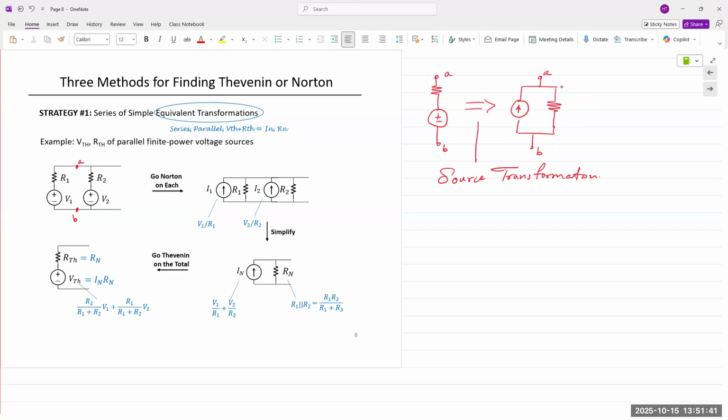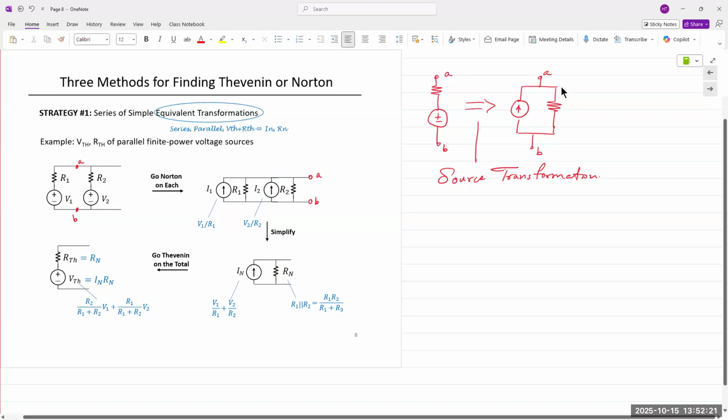So if one is transformed, I1 and R1, we can do the same for I2 and R2. And the terminals will remain the same between A and B. Now I have two current sources and two resistors, all in parallel. Thus I can reduce them: the sum of the current sources gives me IN, and the sum of the resistances gives me Rn.